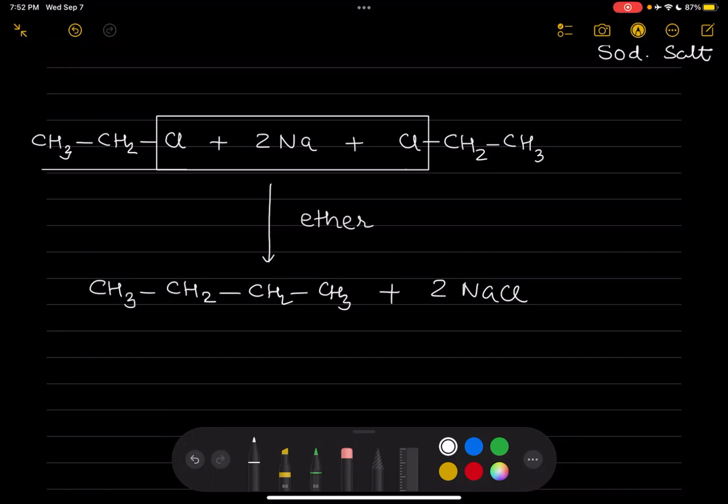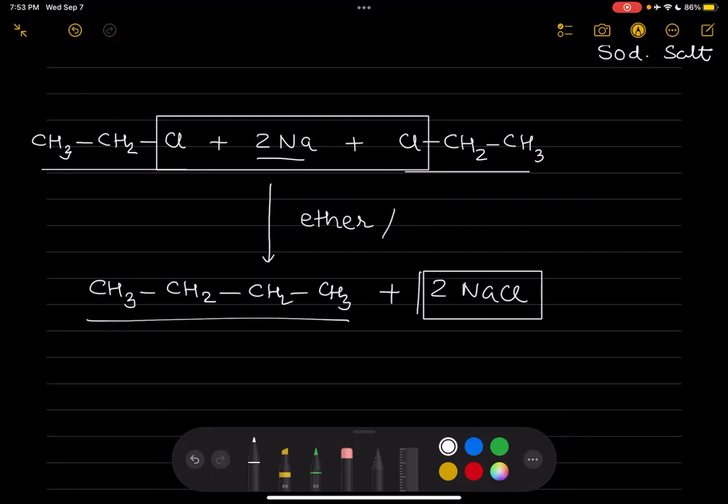You write the same alkyl halide, but face to face, in which the 2 Cl atoms are facing one another. You write the sodium, 2 sodium atoms, in the middle. You remove the 2 halogens and 2 sodium, make them into the salt, and the rest is the alkane. Okay, is it clear? Yes, sir.